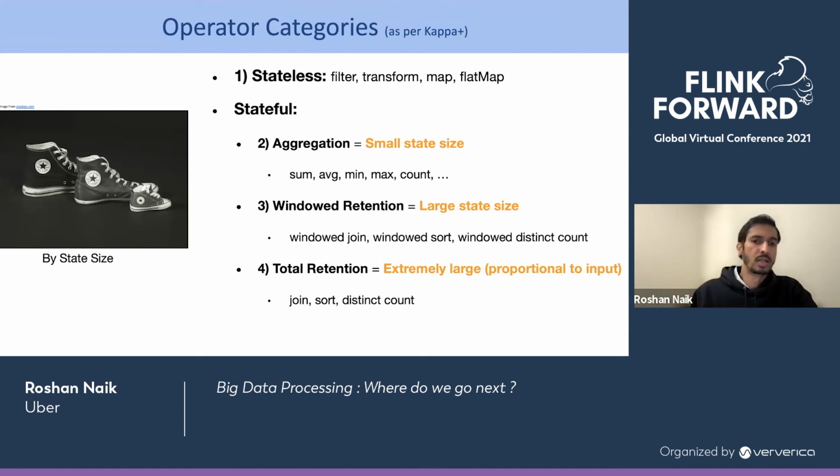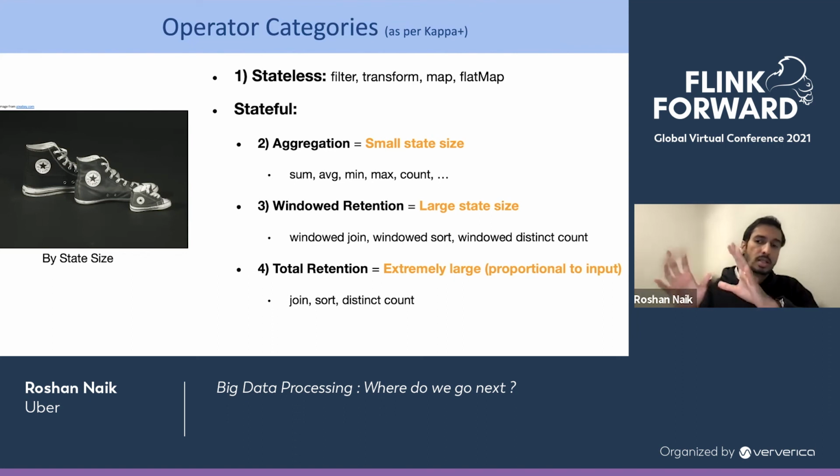Then finally, we have category 4, which is operators that need to hold on to the entire input effectively to do their job. Things like a full-fledged join or a sort, distinct count, and so forth.